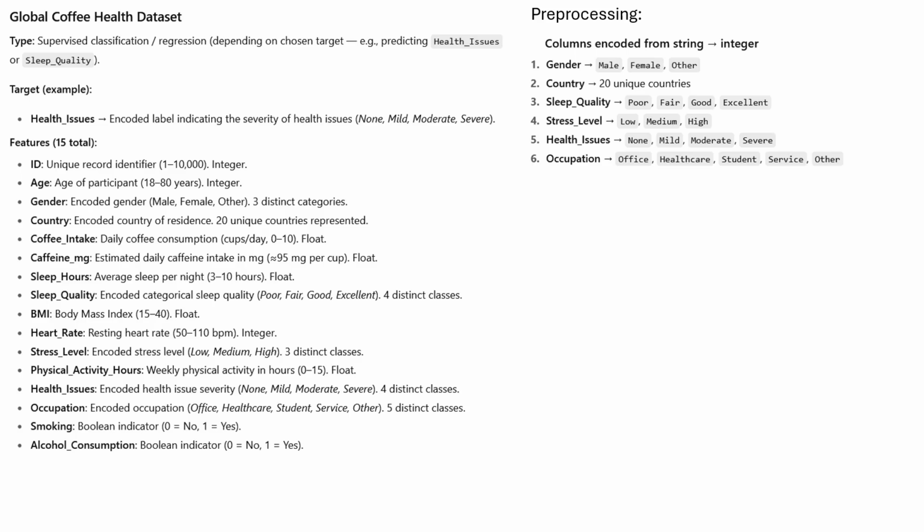Before training the MLP, we must pre-process the global coffee health dataset. The dataset includes over 1,000 rows and 15 columns of health and lifestyle information.